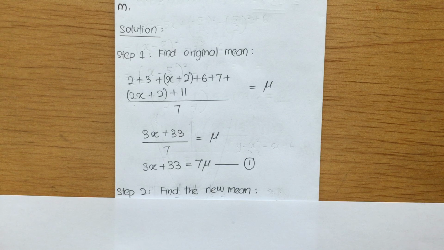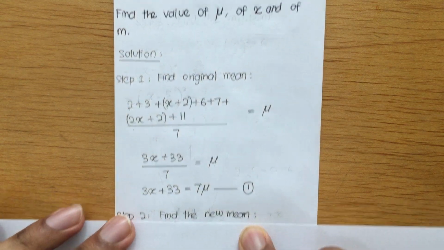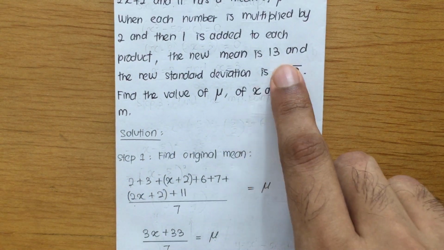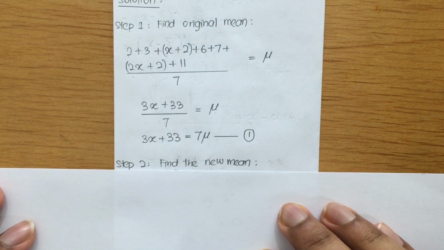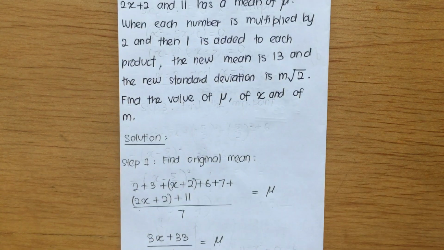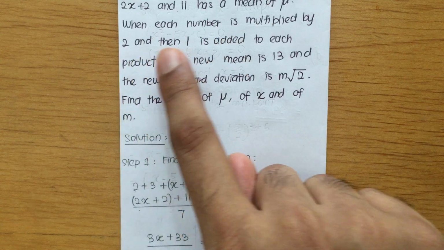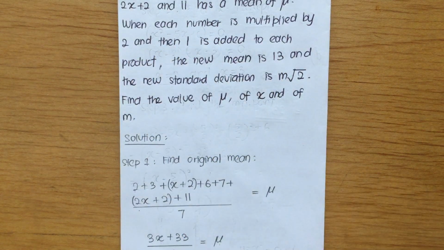For step 2, once you've found the original mean, we need to find the new mean over here. In the question they've already mentioned the value of the new mean is 13 guys. And the question has also mentioned that each number is multiplied by 2 and then 1 is added to each product.